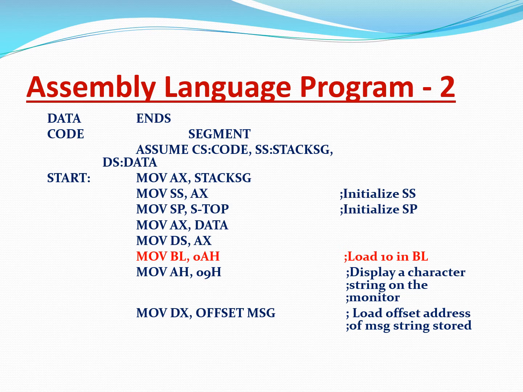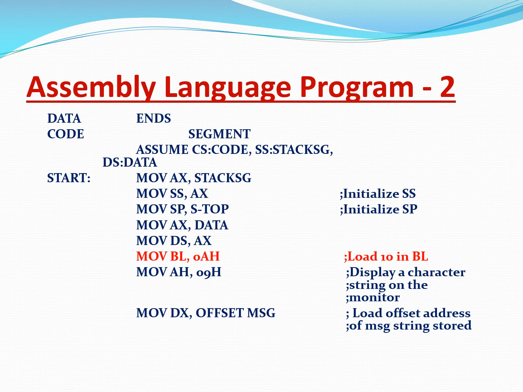Then we start and give the colon. Obviously start is the label, and we say MOV AX, stack segment. So we are initializing the stack segment, and then MOV SS, AX. That means in the stack segment register we are loading the start or initial address of the stack segment. That is known as initializing the stack segment.